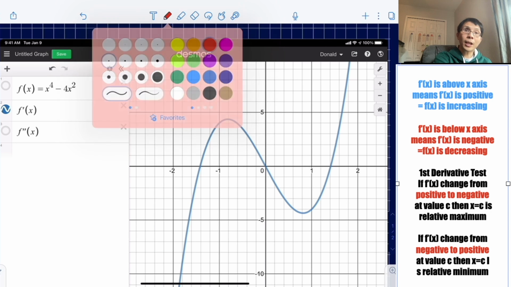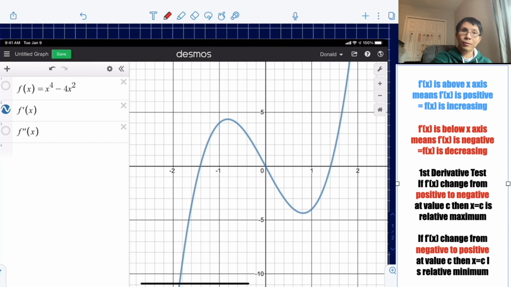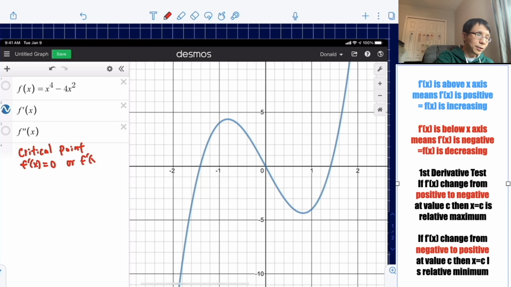Let's pay attention to one of the things that's pretty important in AP Calculus: what are critical points? Critical point means when the derivative of the function is equal to 0, or f prime of x is undefined.